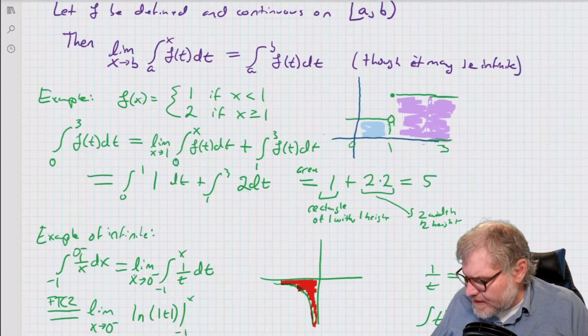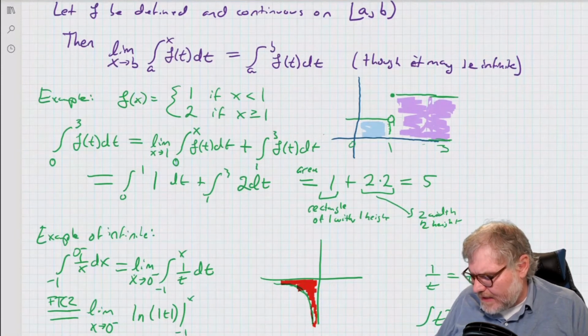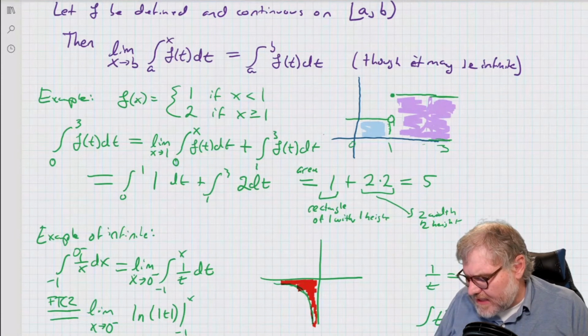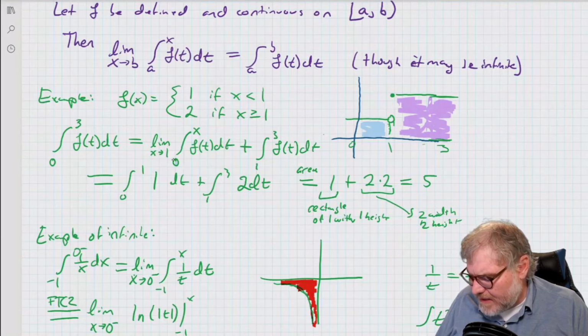Okay, so here's an example of a finite one. I have a jump discontinuity here, and this rule says that the integral from 0 to 3 of f of t dt equals the limit. Remember, I'm going to split this up. I'm going to take the limit as x goes to 1 of the integral from 0 to x of f of t dt, that's there to there, plus the integral from 1 to 3 of f of t dt. Well, what I'm saying is that I can just take the limit. I'm going to get the integral from 0 to 1 of 1 dt.